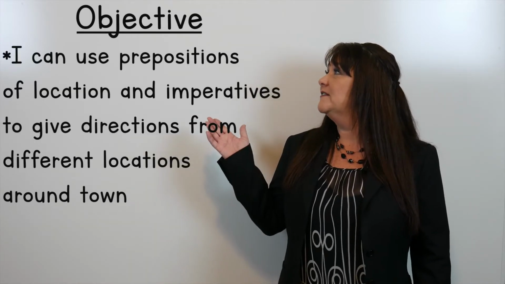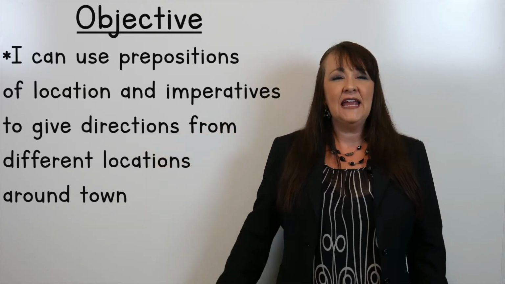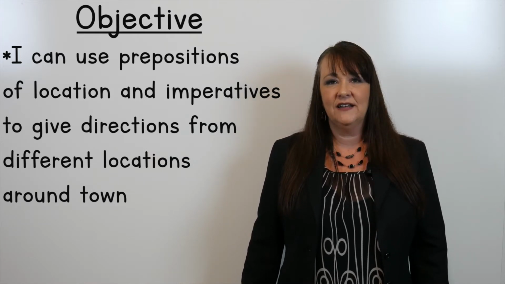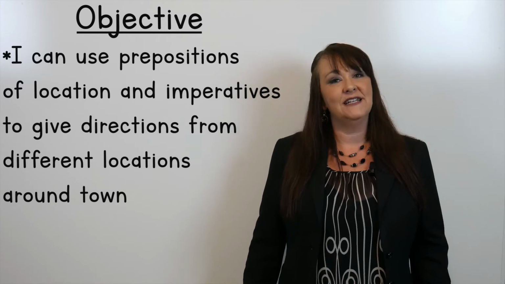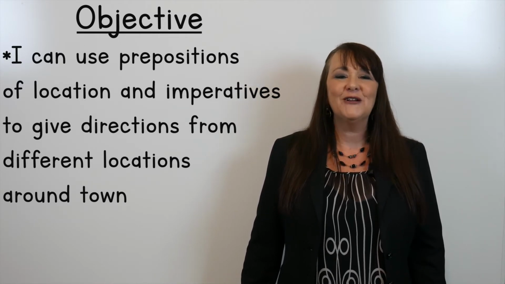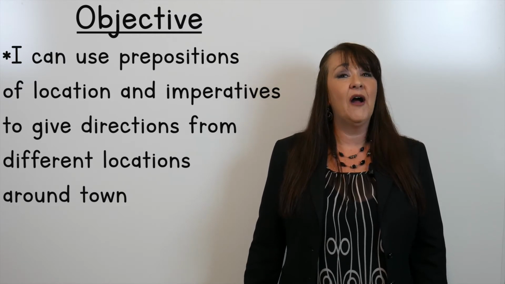Today's objective says, I can use prepositions of location and imperatives to give directions from different locations around town. You're going to have a chance to look at the map and write directions from one place to another.